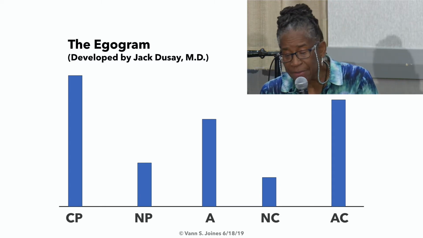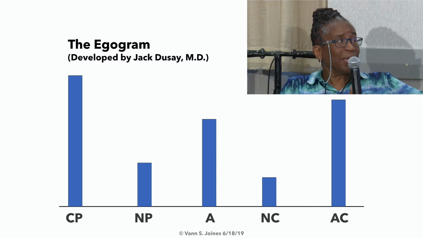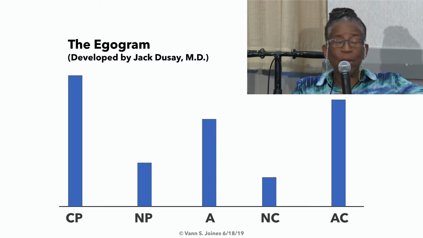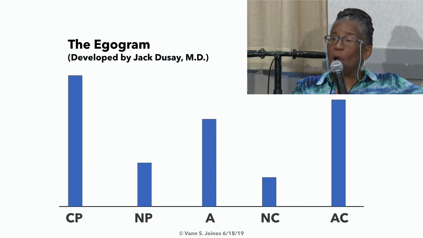Having said that, the drawing here is an example of how one can draw your egogram. When I used to do this, we would talk about Archie Bunker. You remember that character? I'm not dating myself too much. But Archie Bunker had a big critical parent, right? And a big adapted rebellious child, right?